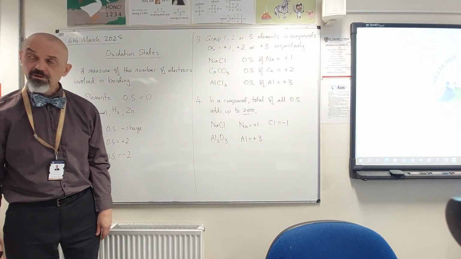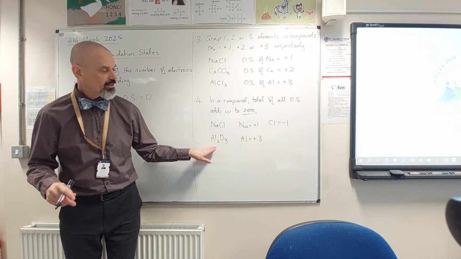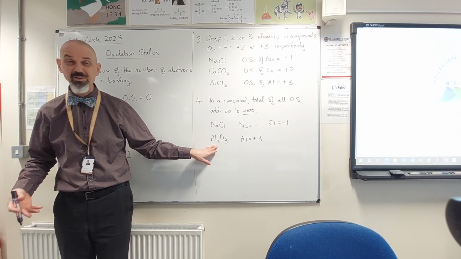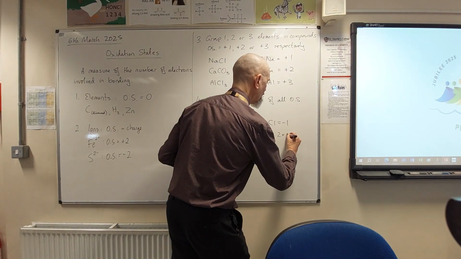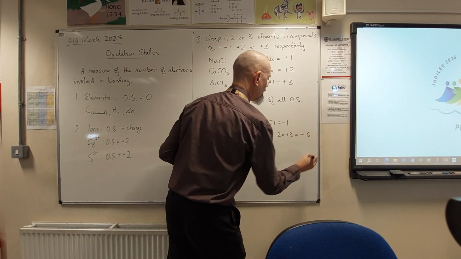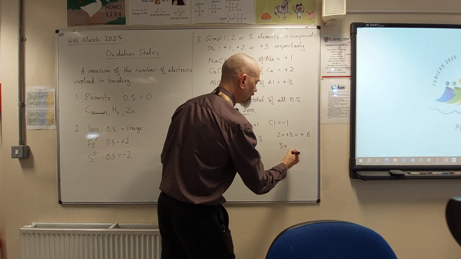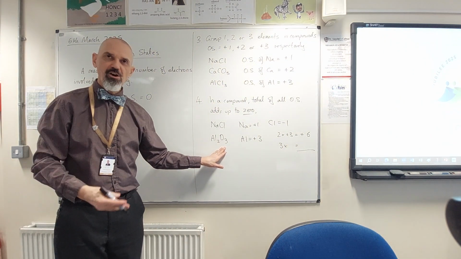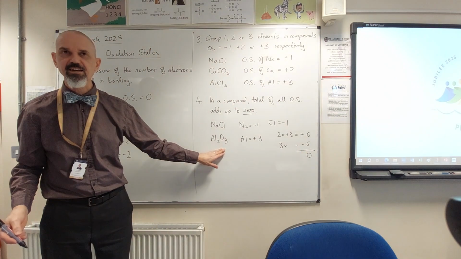Does it not matter if there's 2 aluminium? It does, yes. So the total contribution of aluminium to this compound must be +6, because there's 2 of them. And then there's 3 oxygens, and the 3 oxygens must contribute -6, so everything adds up to 0.